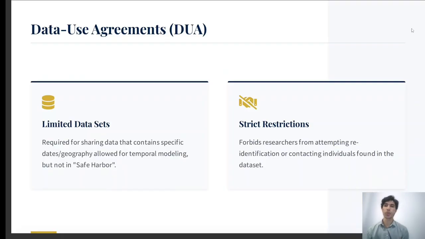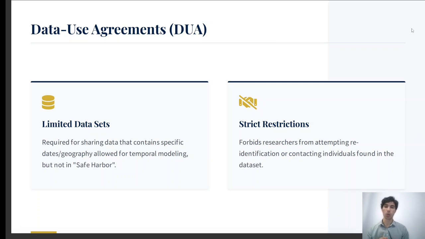So this is an agreement between a cloud provider and the hospital, which is a HIPAA covered entity. Then we have the data use agreements. There is this thing called limited data sets. A limited data set is a subset of our protected health information. It includes different indirect markers or data points like specific dates or geography, which we need for temporal modeling.